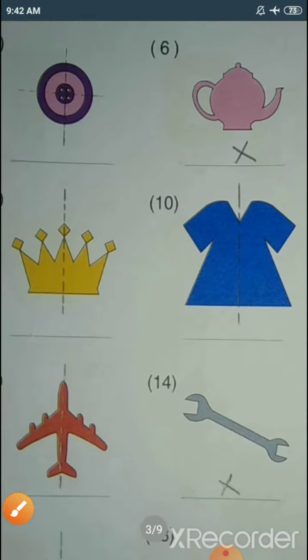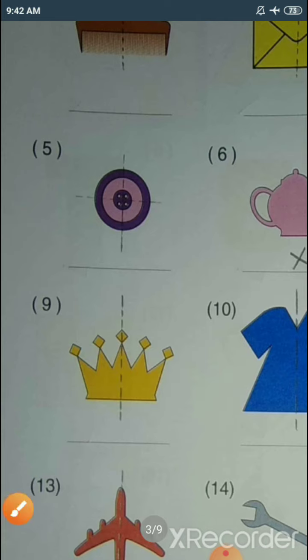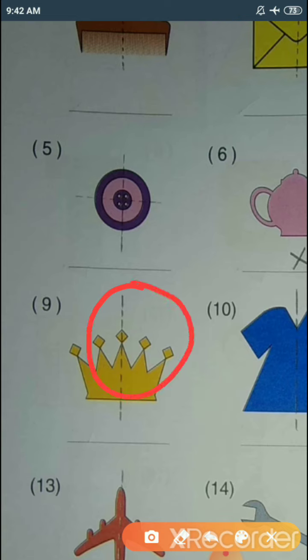Question number 5. One button is given. So it is in circle shape. So with the help of a horizontal as well as a vertical line, we can divide the circle into two equal parts.